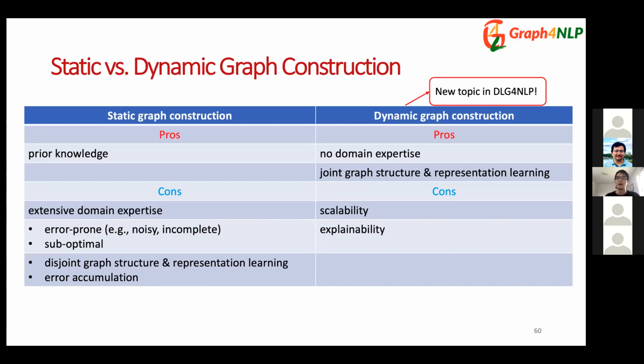Currently, it also has some disadvantages, such as the scalability issue and the lack of explainability. But these are also two active research directions for dynamic graph construction.